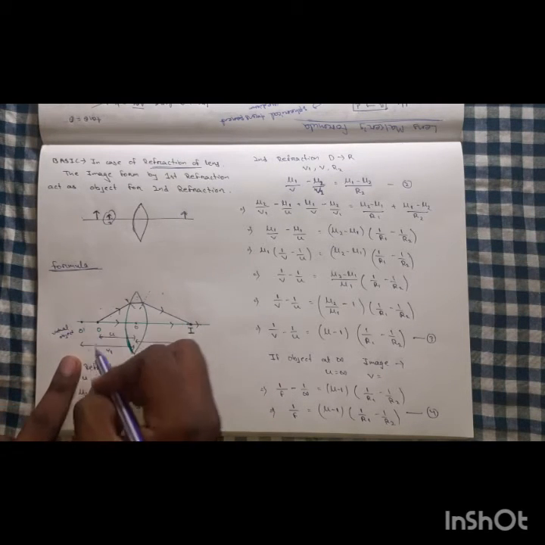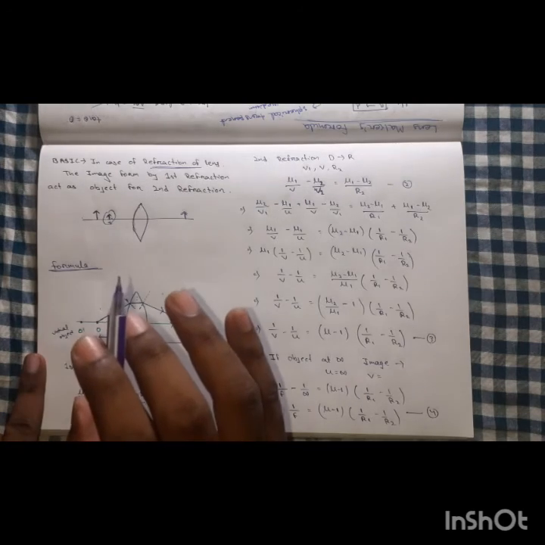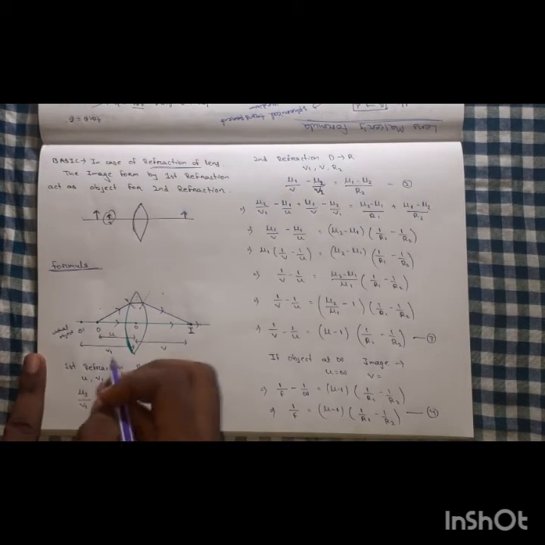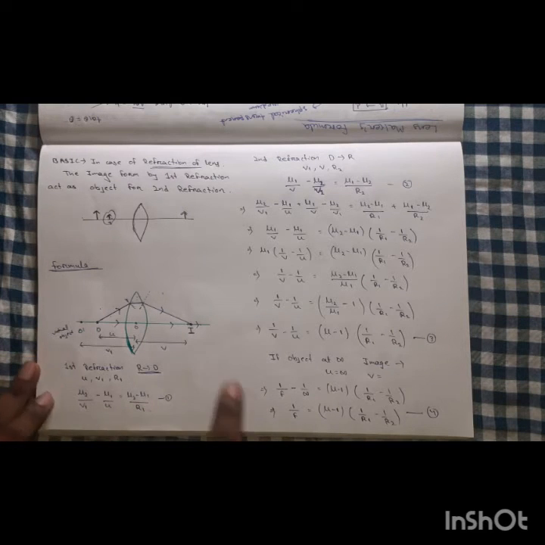The image is this, so it is the image distance. And the first refraction is rarer to denser. Then we can put this formula, before we derive it: mu2 by v1 minus mu1 by u equals mu2 minus mu1 by r1. You may ask, sir, what is r1 and what is r2?